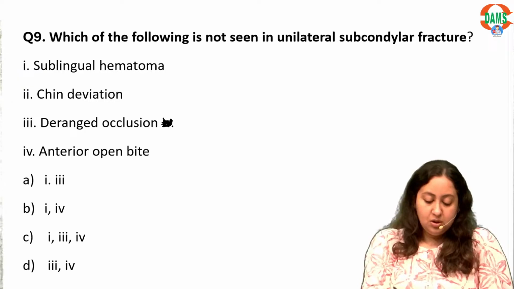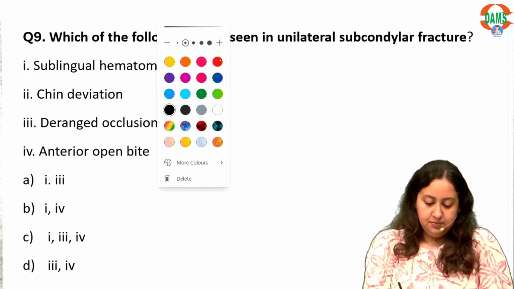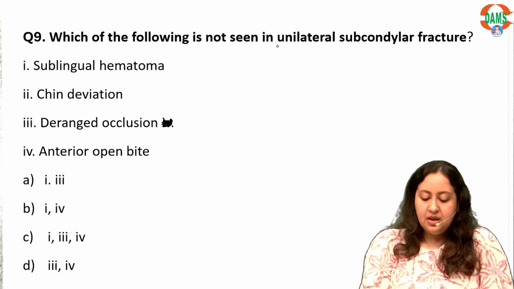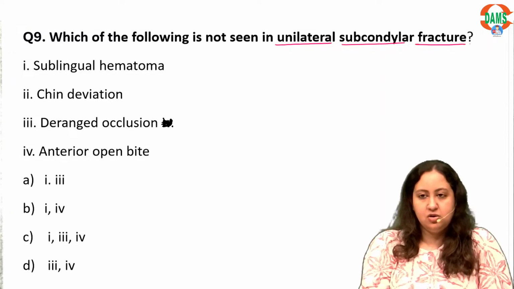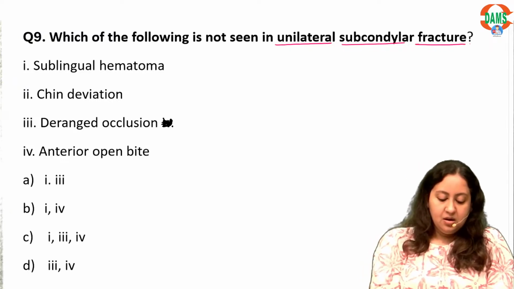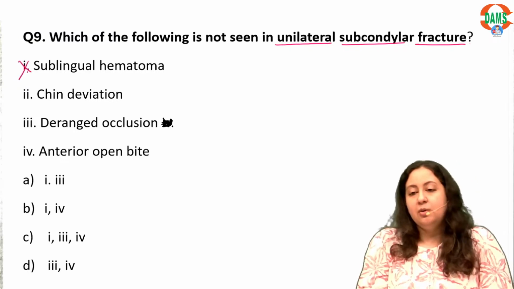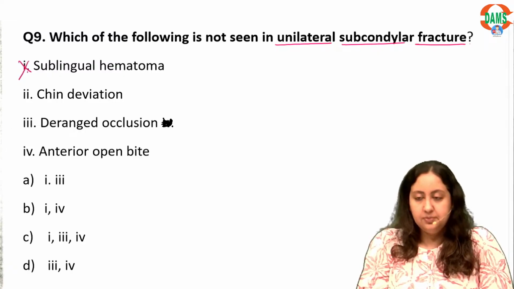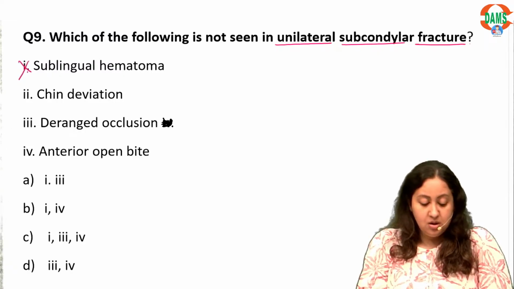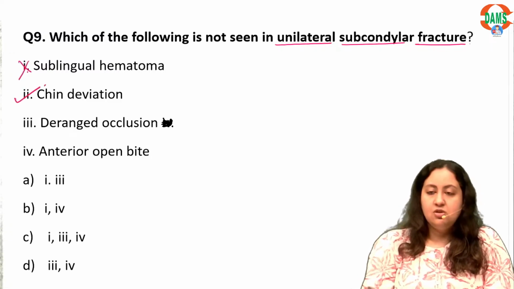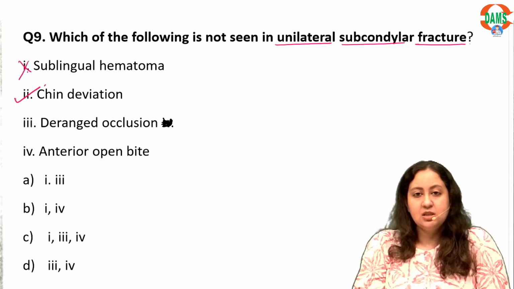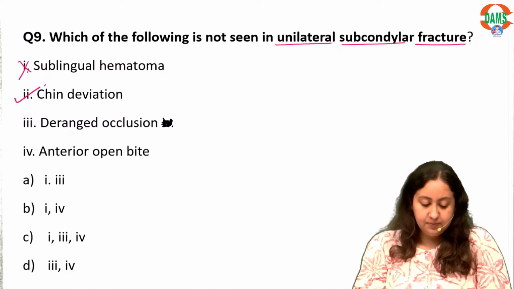Okay, so the question is saying unilateral subcondylar fracture. Okay, there won't be any sublingual hematoma. Okay, very good. Yes, chin deviation, it's a unilateral subcondylar fracture.